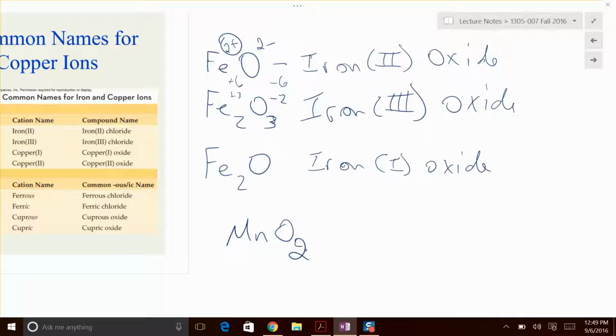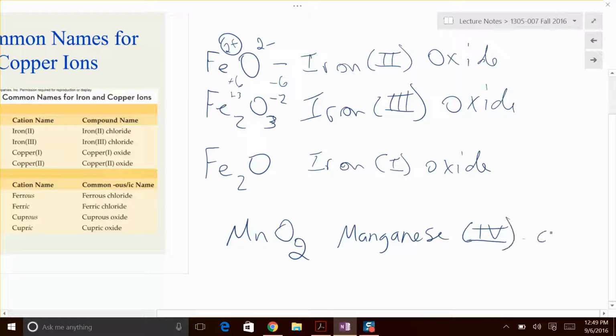That's what it is. Okay, so it's manganese 4 oxide. How do I figure out that that's a 4?